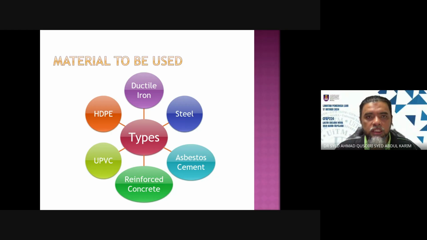So these HDPE pipes, even though they are not as large as the RC or steel pipes, are also used for distribution purposes. Not the main pipes, but the distribution pipes that connect all of the buildings to the main pipes.